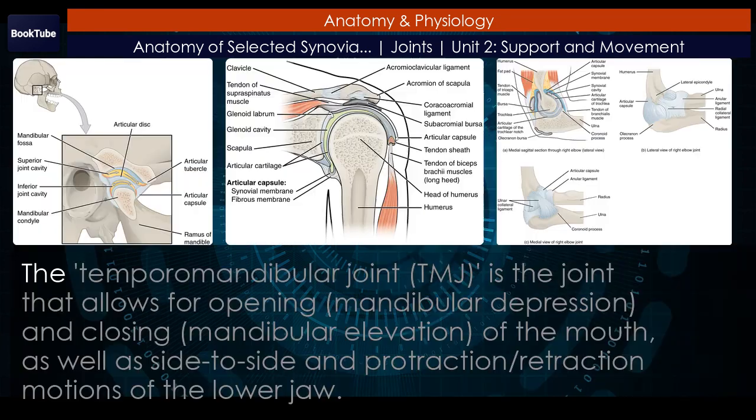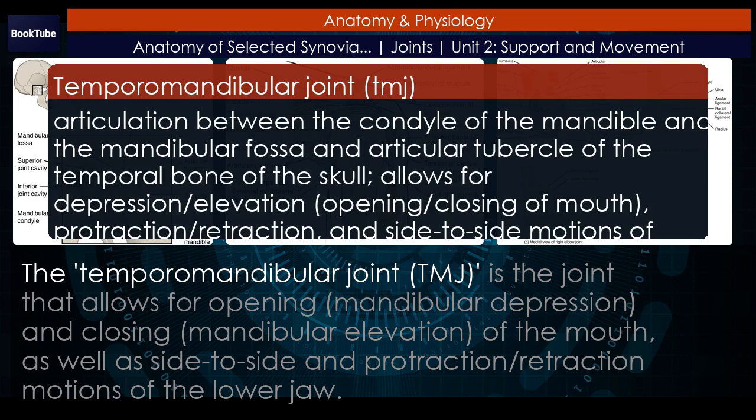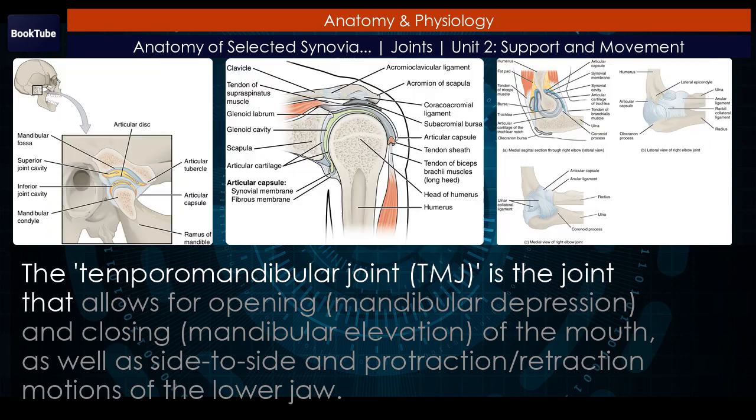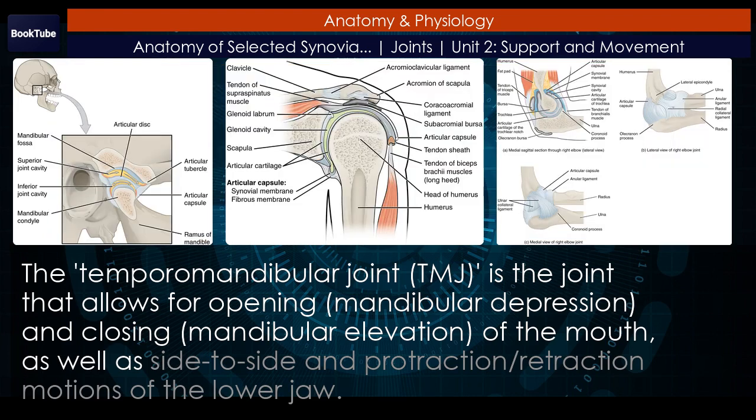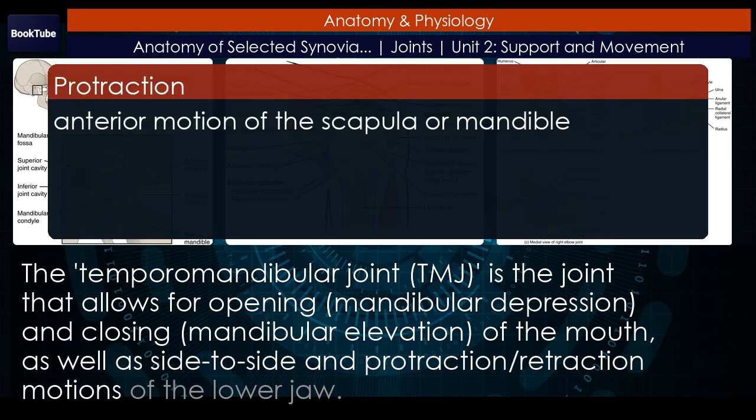Temporomandibular joint. The temporomandibular joint, TMJ, is the joint that allows for opening, mandibular depression, and closing, mandibular elevation, of the mouth, as well as side-to-side and protraction, retraction motions of the lower jaw.